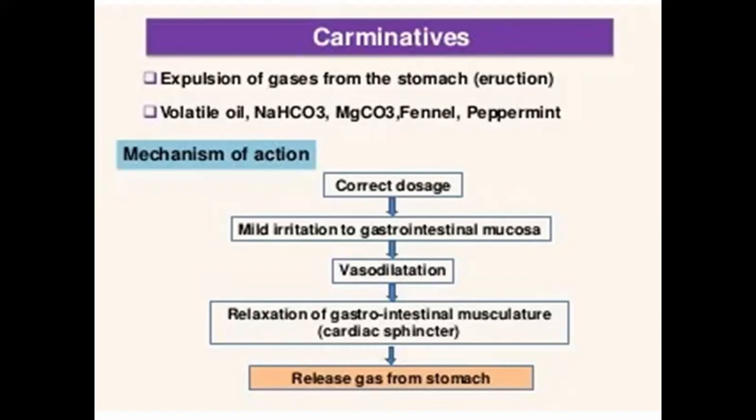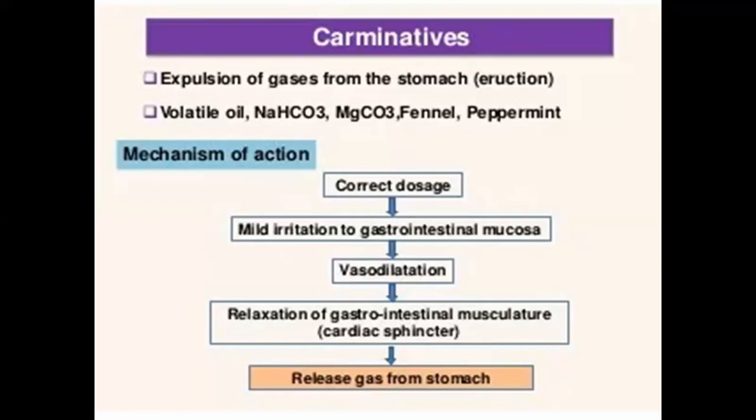Sphincters are circular muscles that normally maintain contraction. Relaxation of the sphincter occurs, and after that this agent produces a feeling of warmth in the intestine because of the release of gases from the stomach. In this way they act as a carminative.